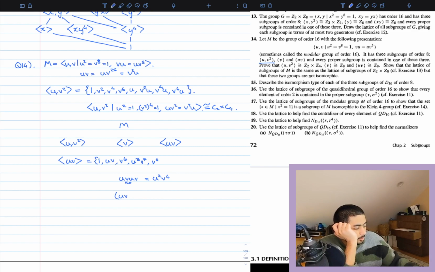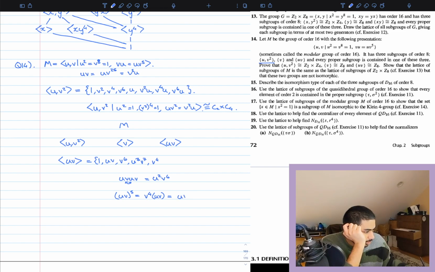Now when we take it to the 5th power, what happens? This should be just V to the 4 times UV. And we can swap these two. I guess we wanted to put U in front, right? We should be swapping these.